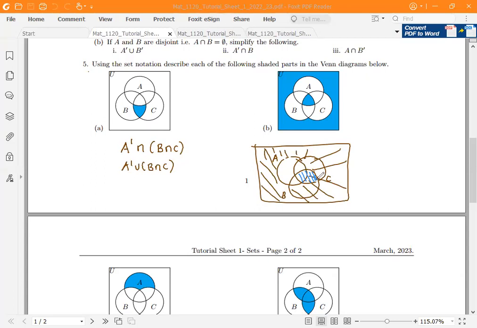When there's union, you don't care whether you're touching the set that you didn't touch in the first place, because it's the idea of addition. So you add through. All right, okay, thank you.